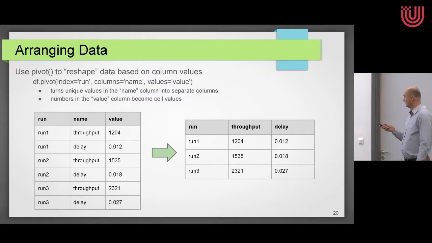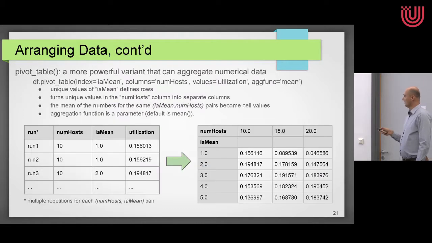And often we have to apply another pivot operation. For example, this is the example from Aloha. Here we have several simulation runs, and the values produced by each simulation run. But it's often more convenient to have a value like, what's the utilization for 15 hosts and interval mean 3.